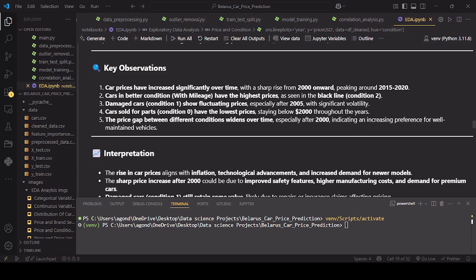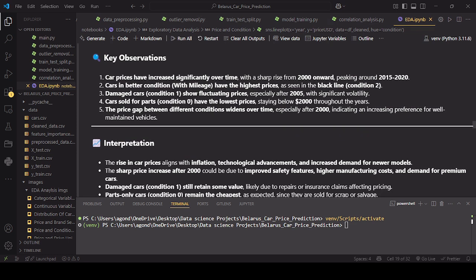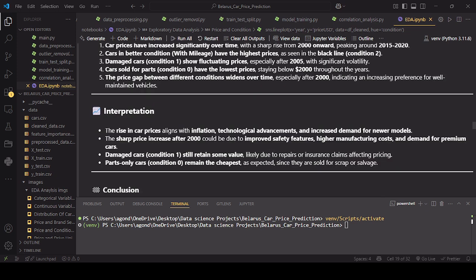Cars in better condition with mileage have the highest price, as seen in the black line, condition 2. Damaged cars, condition 1, show fluctuating price especially after 2005, with significant volatility. Cars sold for parts, condition 0, have the lowest price throughout the years, and the price gap between different conditions widens over time, indicating an increasing preference for well-maintained vehicles.